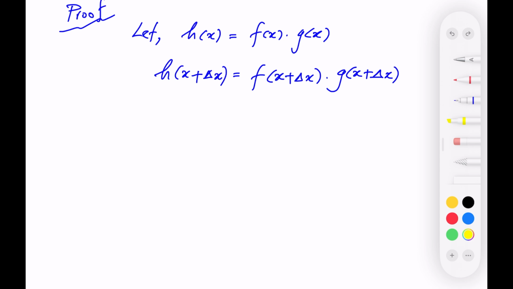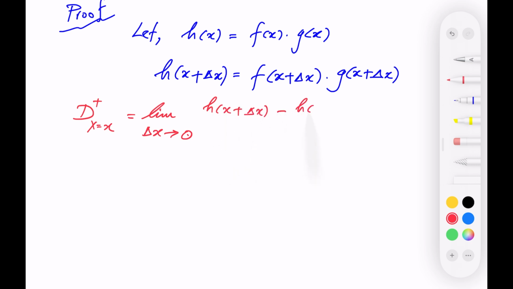All right. Now I'm going to go ahead and write down the formula for the first principles. I'm going to use the right-hand differentiability. We know the right-hand differentiability is written as D plus at x equals x. This is equal to limit as delta x approaches 0. On the numerator, we have h of x plus delta x minus h of x.